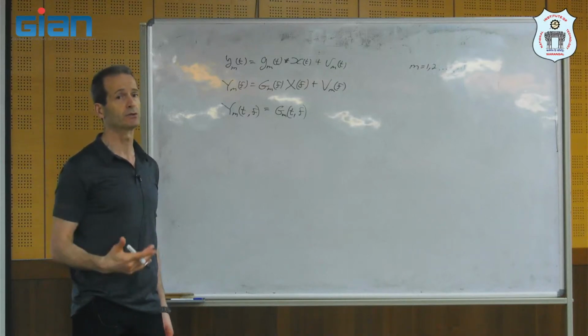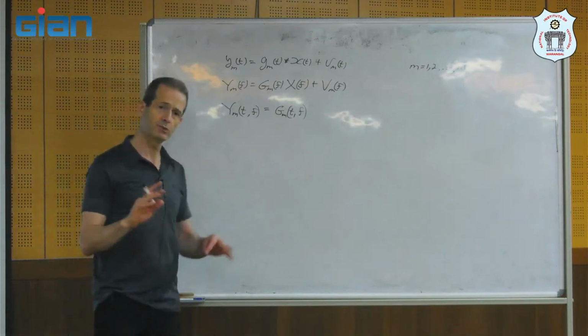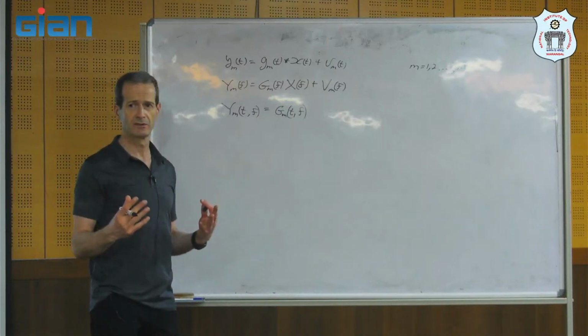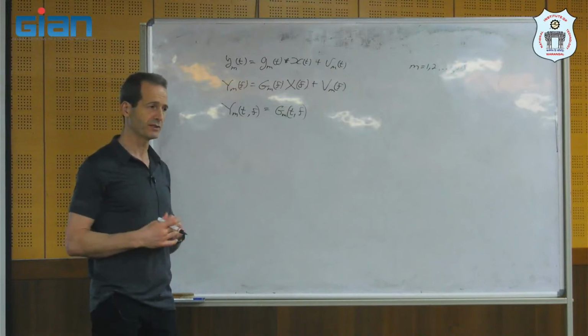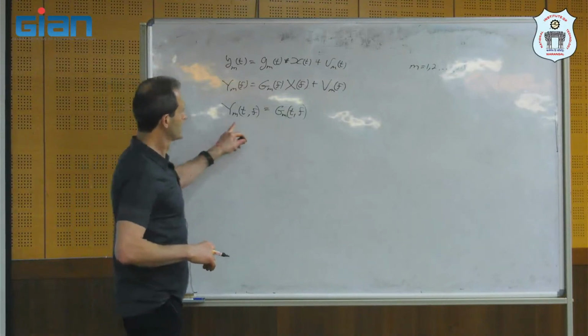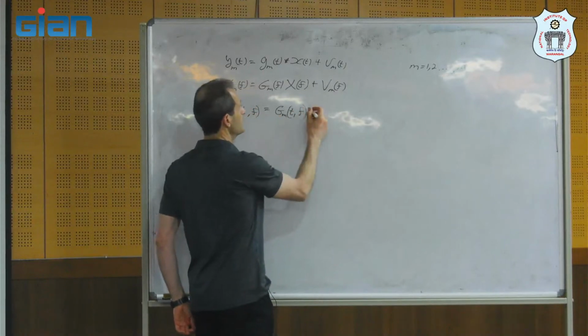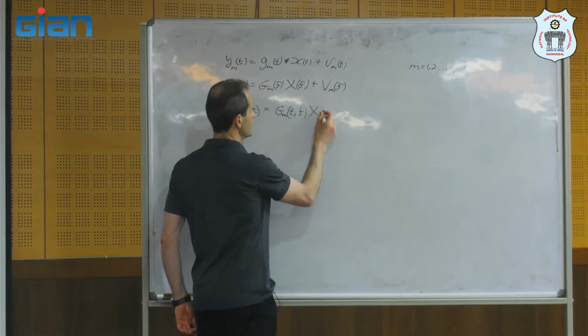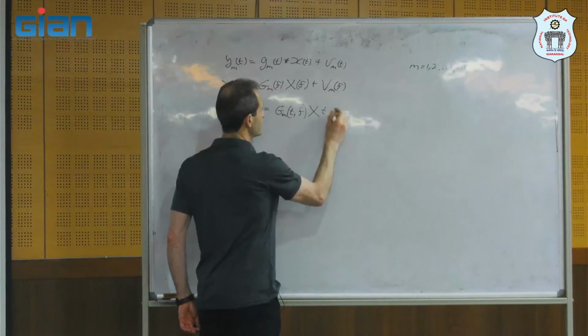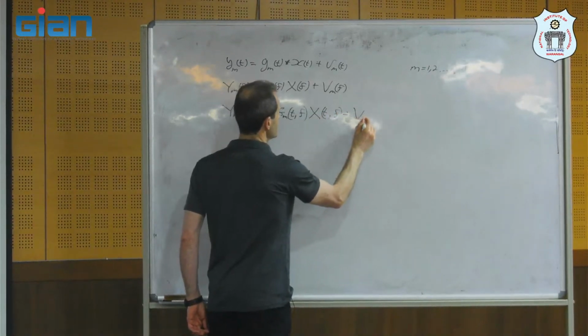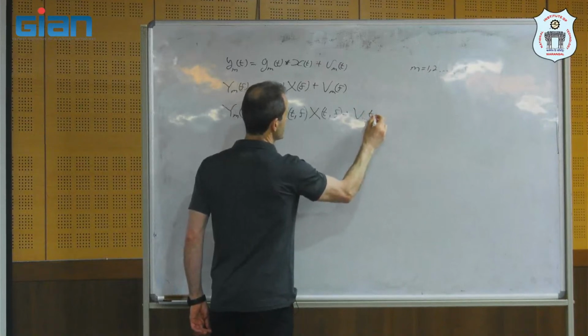And of course, we need to track these changes. But I'm talking about the model. I want you to see that there are different models for working with array processing. Many times we choose multiplication with the time-frequency bin of the source, plus V, the noise in the time-frequency bin.